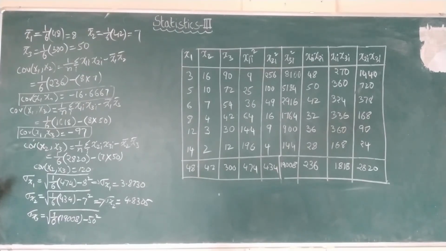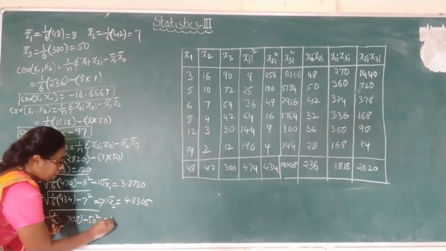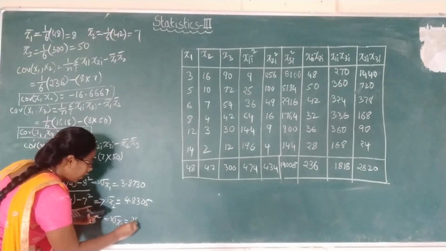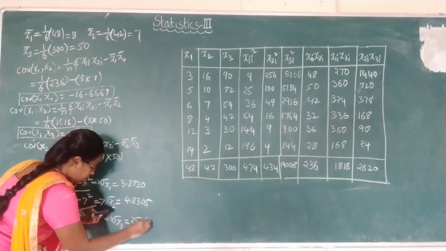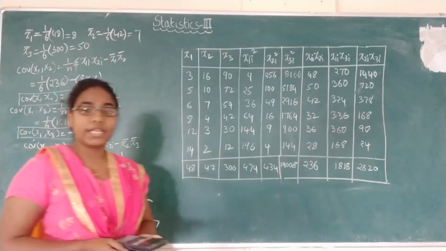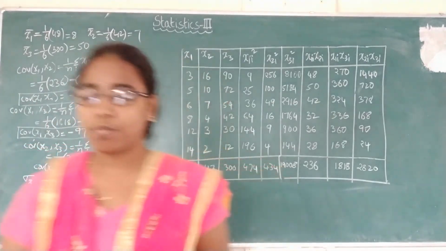Take the square root of that answer and you will get sigma x3 as 25.8457. So these are the required covariances and sigma values.